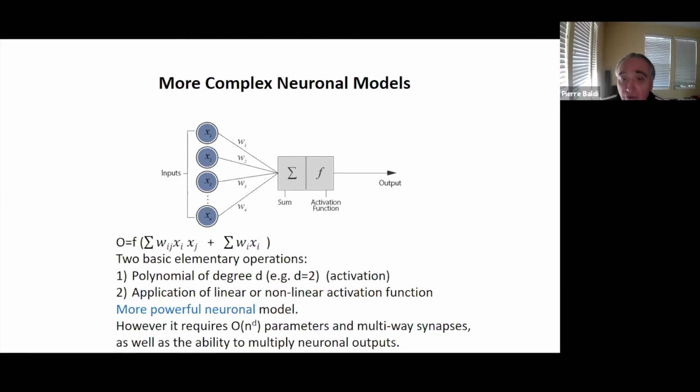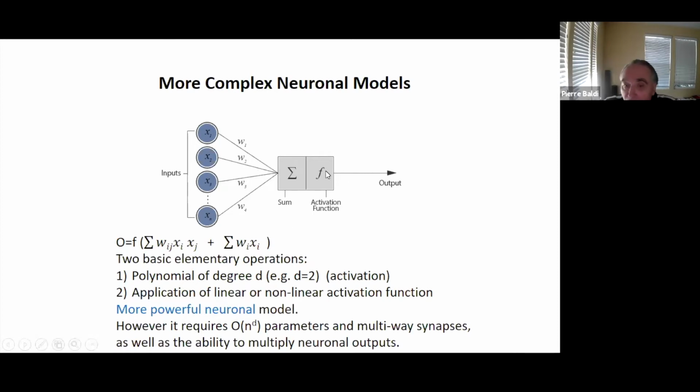So what are some of the directions you can explore to make these neurons a little bit more complex? A classical one is to make the activation function a little bit more complex. Instead of being a linear function, you can make it quadratic, or more generally, a polynomial of degree d. So in this case, the activation is a quadratic function or cubic function, let's say, of the inputs.